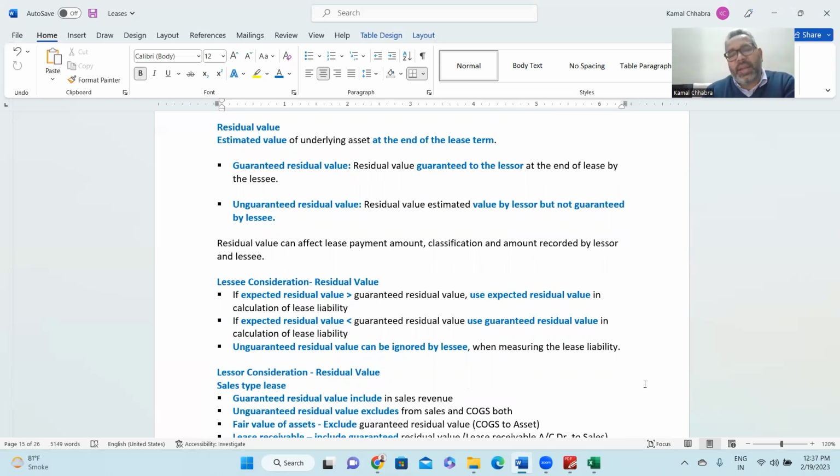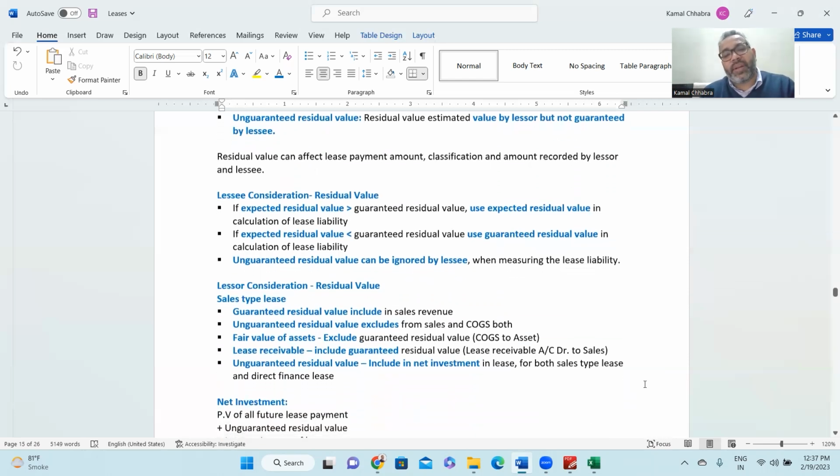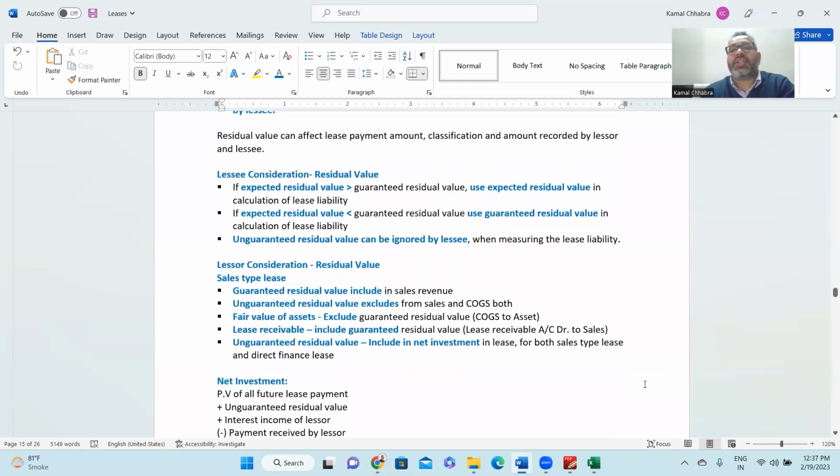Or it may be unguaranteed, which is not guaranteed by the lessee, but you are expecting that the market price of the asset would be like this. So that is guaranteed residual value and unguaranteed residual value. Residual value can affect the lease payment amount, classification, and the amount recorded by the lessor or lessee because it comes in the calculation of lease liability and right to use asset, on both sides, right?